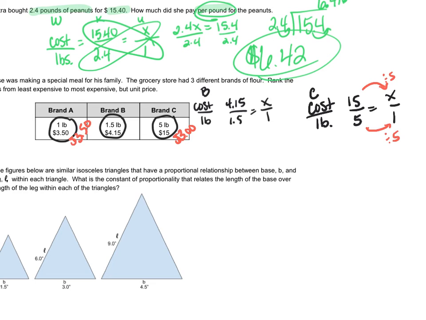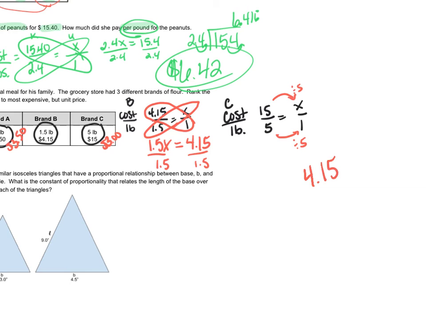So brand B is what we need to find. How do we find brand B? Cross multiply and then divide. So we have 1.5x equals 4.15. Divide both sides by 1.5. So 4.15 divided by 1.5. Outside, inside, up. It's going to go in here twice. 30, 45, 60, 75, 90, 105.